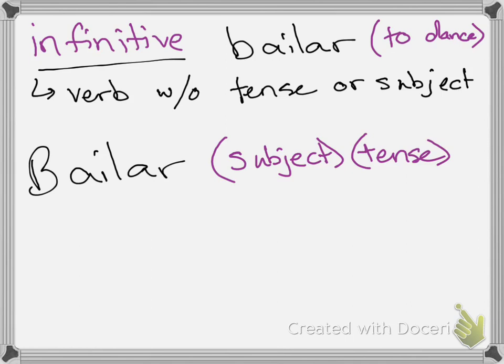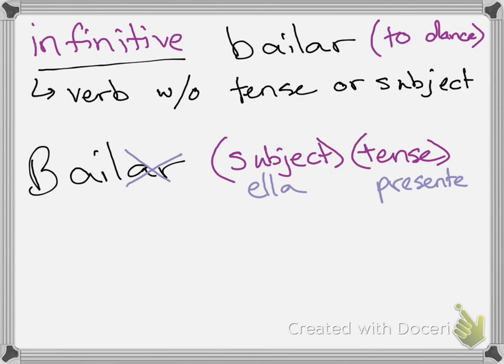So we have bailar. Let's give it a subject. We're going to say that my subject is, we'll just do ella, and our tense is the present, presente. Okay? So what we would do is what many Spanish teachers like to call chop and shop. We chop off our ending, the AR in this case, and we shop for the new ending, which would match up with ella and the present tense.